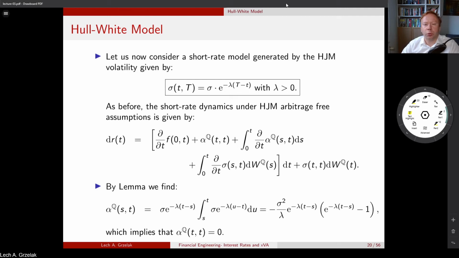When we talk about short rate models, I think everyone thinks of the Hull-White model. The Hull-White model, of course, also belongs to the HJM framework. And interestingly, we can derive this model using the specification of the volatility under the HJM assumptions. So in this case, it's not constant volatility for the instantaneous forward rate, but a constant volatility times a decaying function.